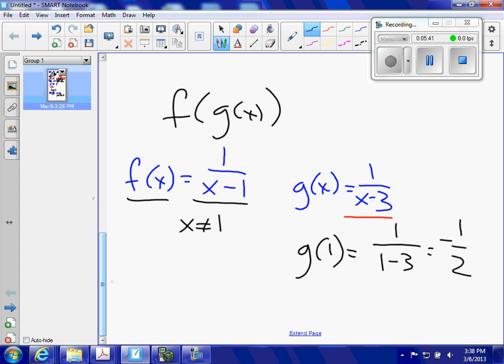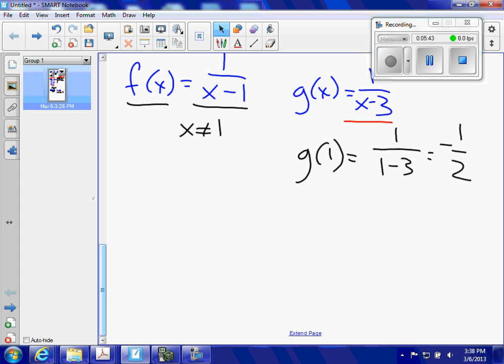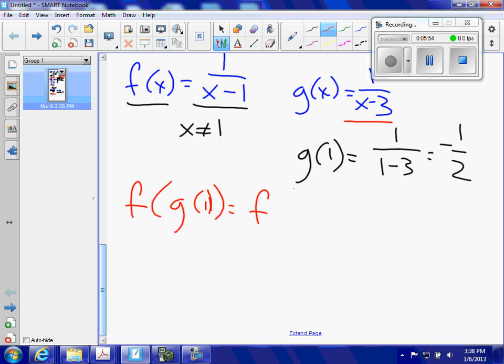Well, what about f of g of 1? F of g of 1 is the same thing as f of negative 1/2, because g of 1 is equal to negative 1/2.